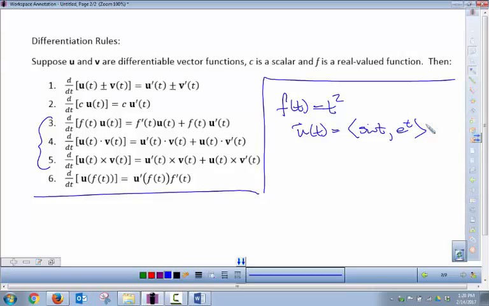If you want to take the derivative of this, according to this formula, it's like taking the derivative of the first times the second plus the first times the derivative of the second. So let's see if we can work this out. f prime of t is 2t, and u prime of t is equal to, is it positive?